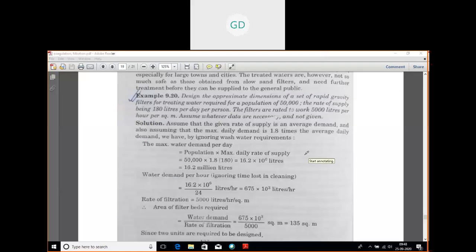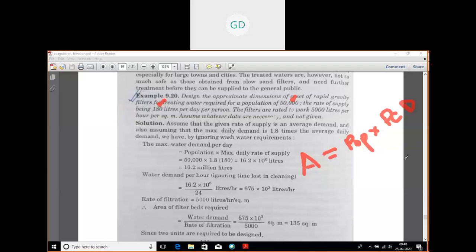If you find out the average daily demand first, then the formula is population into your per capita demand. The population is already given to be 50,000. Per capita demand is given to be 180, isn't it?